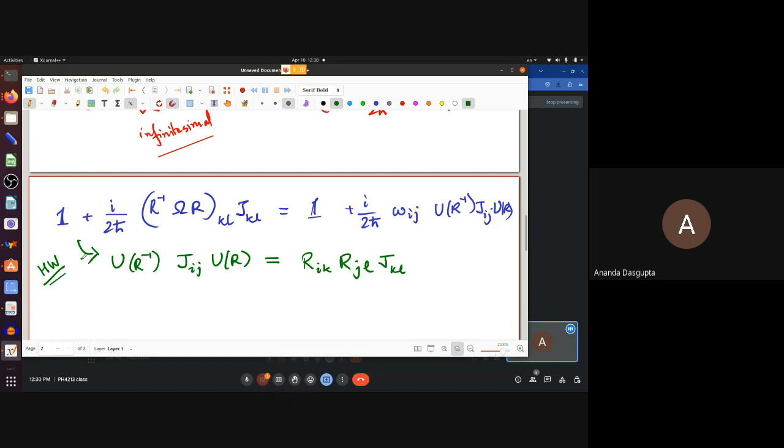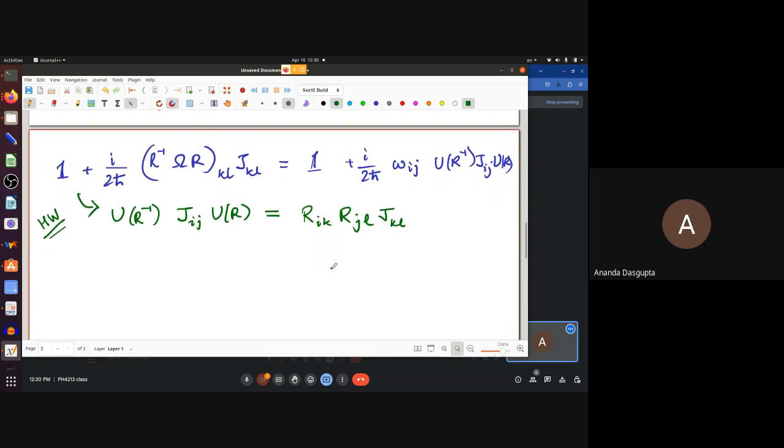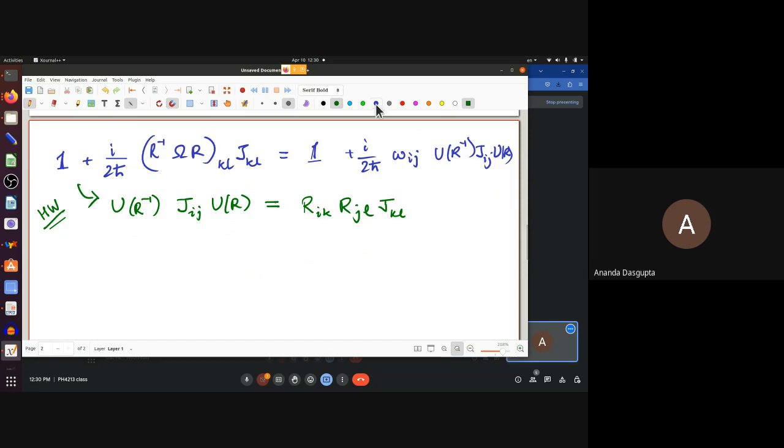But once you have got this, can anyone tell me what this tells you about the J_kl's? This tells you how the J_ij's transform when you rotate your coordinate system. And on the right hand side, you have the result, summed over both k and l.